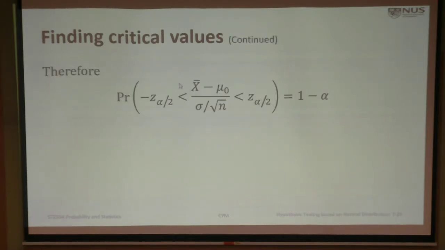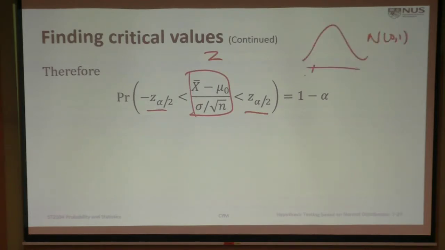So we know that a standard normal z between these two values, minus z alpha over 2 and z alpha over 2, is with probability 1 minus alpha. So if alpha equal to 0.05, 5%, then this value is 1.96 and minus 1.96.